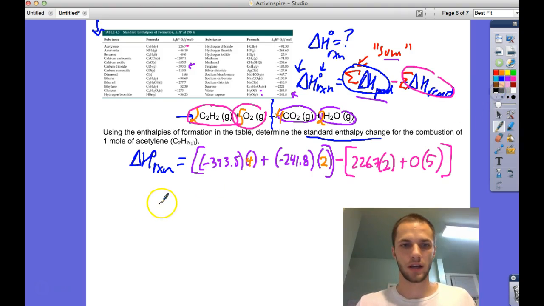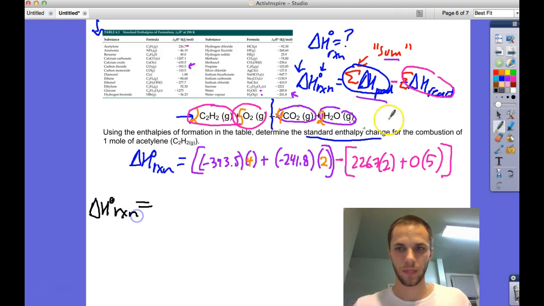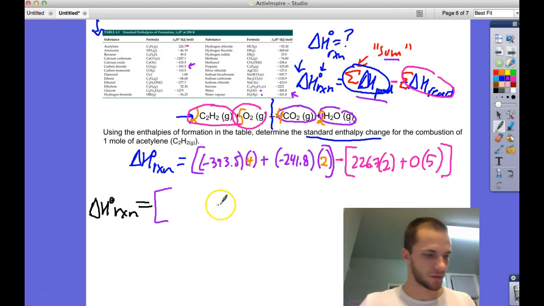Now if I go ahead and do the math for the enthalpy of this reaction, I'm going to show all my steps so I don't make any silly math mistakes, which is super common.